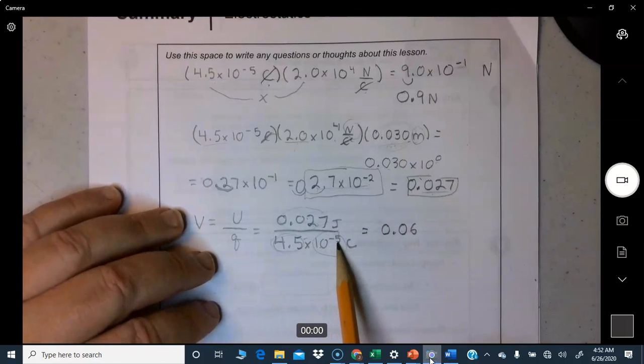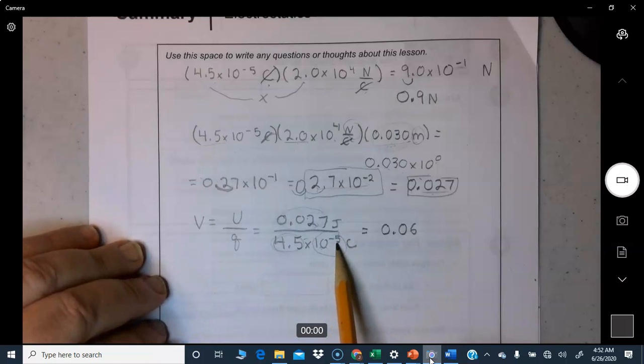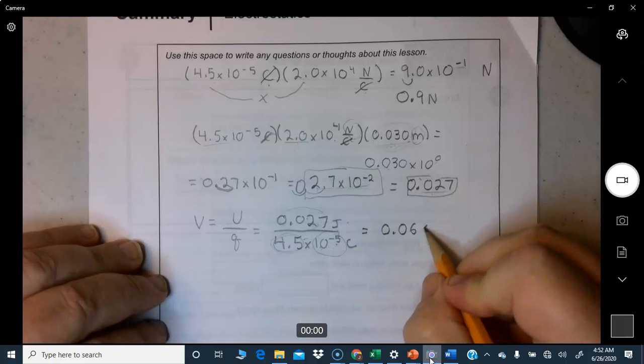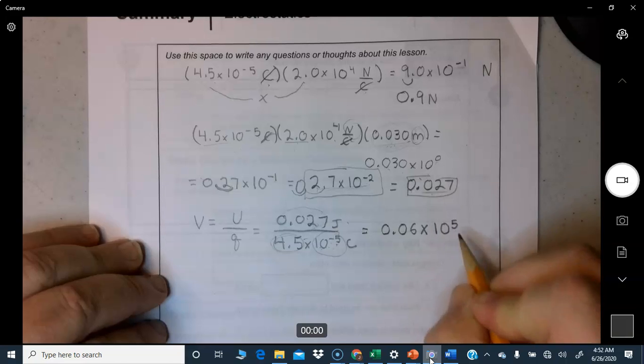If you ever have a number, any number, not just scientific notation, with an exponent on the denominator, you can move it up to the top and you change the negative to a positive. I'm not going to go into the math of why that is right now. We're just going to do it. Just learn the principle. So that becomes 10 to the 5th.